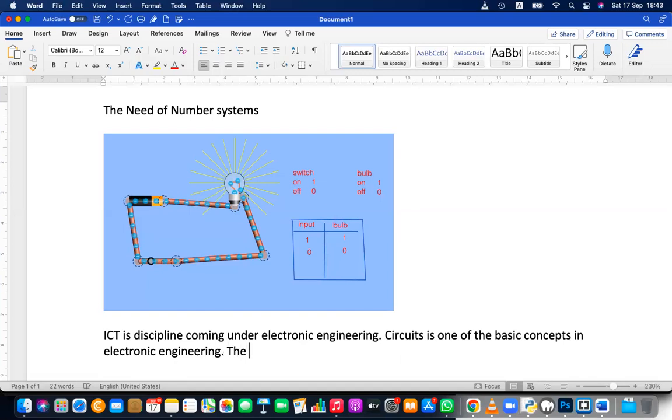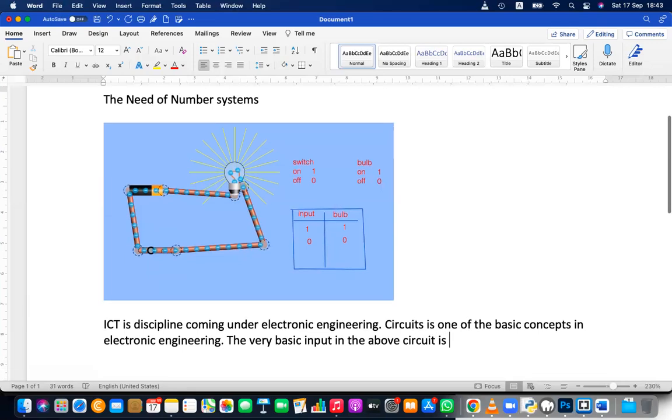The very basic input in the above circuit is, okay, if you need time, please let me know. I can slow down.